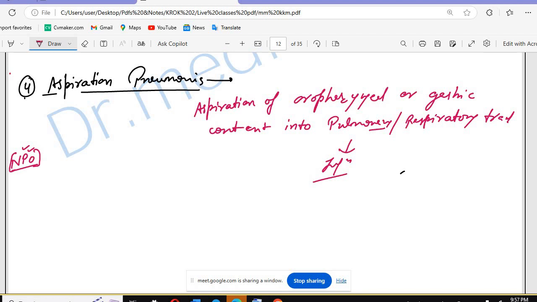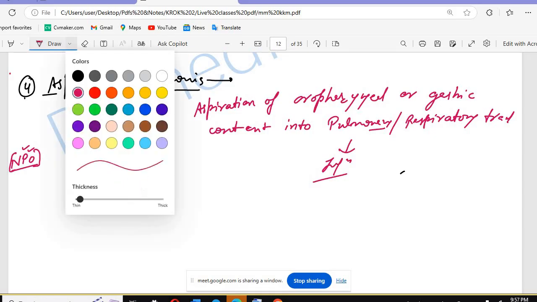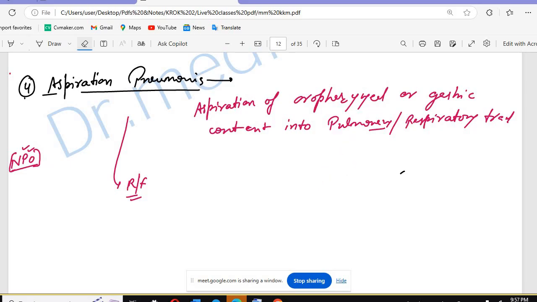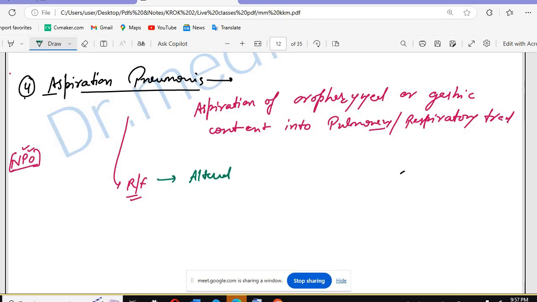Okay, so this is basically aspiration pneumonia. Now the risk factors in this situation: as I told you, the neurology patient having some kind of altered mental status, or having impaired cough reflex or glottic closure. They all can cause aspiration pneumonia.